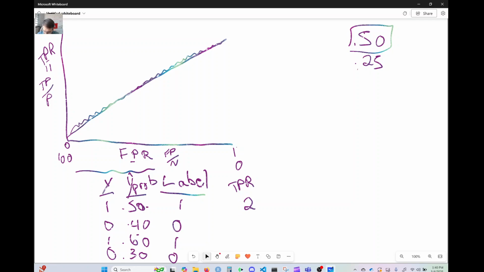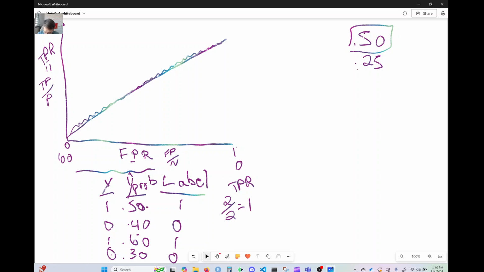And then we know how many actual positives we have. Here we have 1 and 1, so it's 2 true positives, and we have 2 total positives. So we're all the way up to 1 on this marker. Now let's do the false positives. What we have here is that we know the n for potential negatives is 2.